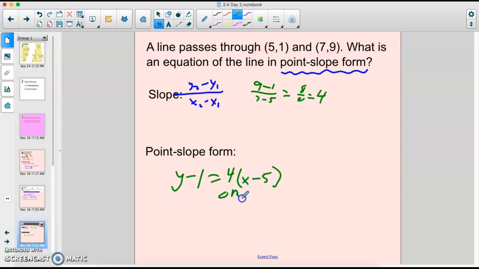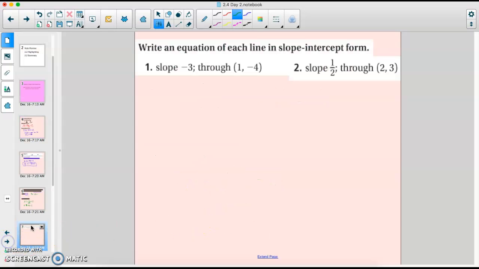Or you can choose to do y minus 7, do the other point. We have the same slope, and x minus 7. Oh, I messed up. I'm sorry, this is 9. y minus 9, and then x minus 7. All right, so it doesn't matter. These are the same line. They just look slightly different.